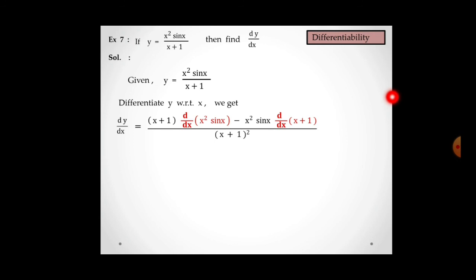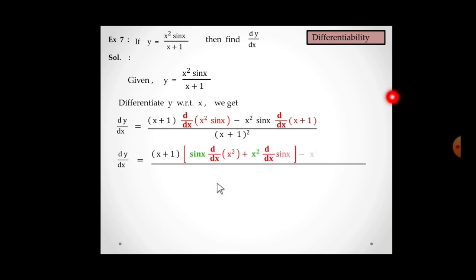So this is the rule. Next, wherever you have a derivative, you write it. Now see here we have d by dx of x square into sin x. If you read the function, you will get the idea whether it is into or addition. It is into, therefore here the product rule is followed.